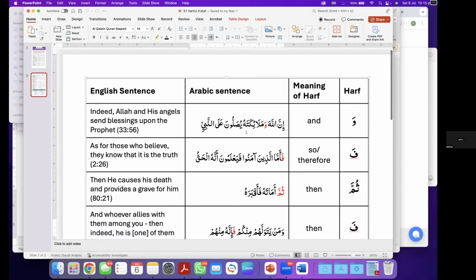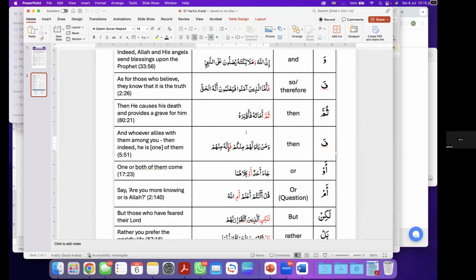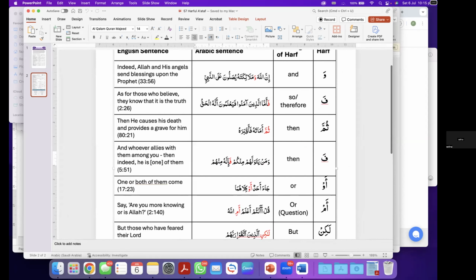Yeah. Are you just showing the harful ataf and the matuf? And the matuf ala isn't shown here. This page you're talking about, matuf ala will mainly apply on words using harful ataf as a connector.